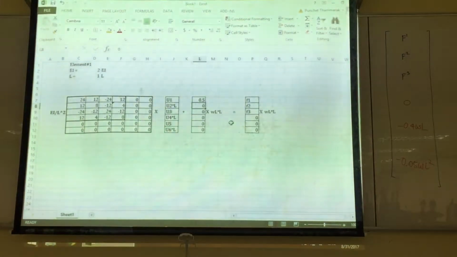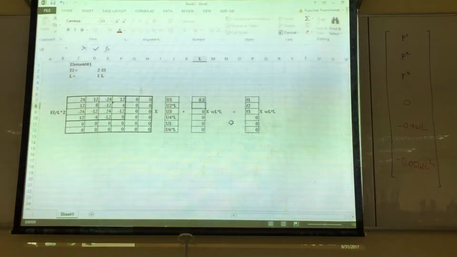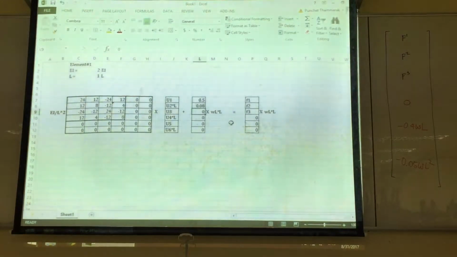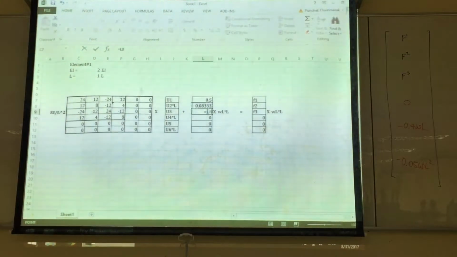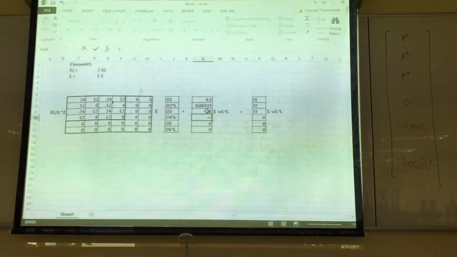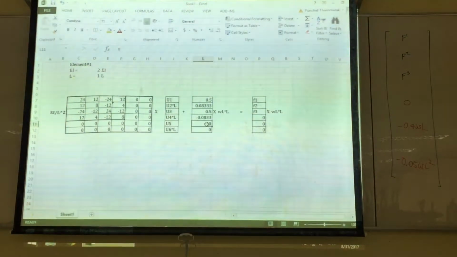So 1 over 12 is 0.0833. Oh well, I just make it this way, 1 over 12. Here is equals to this one, and here is equals to minus of this one, and then you have 0, 0. Okay, not relevant.